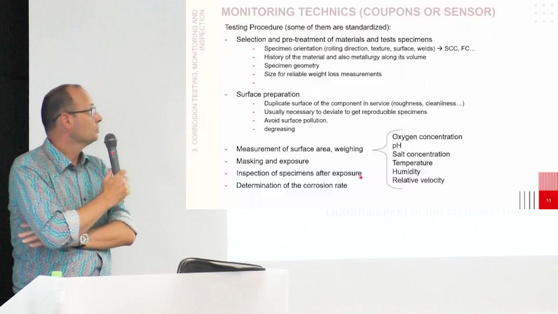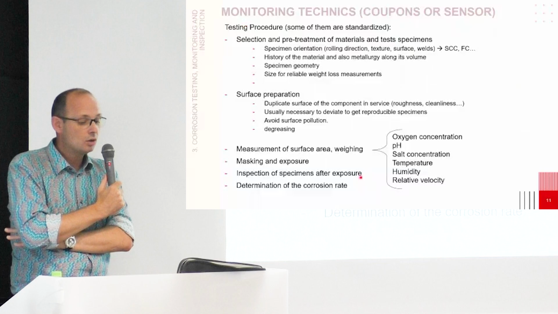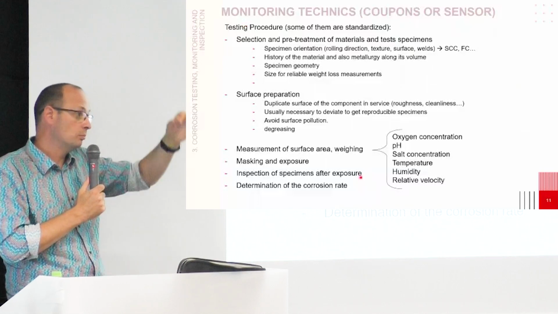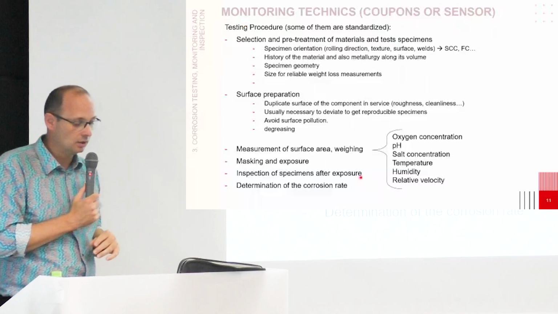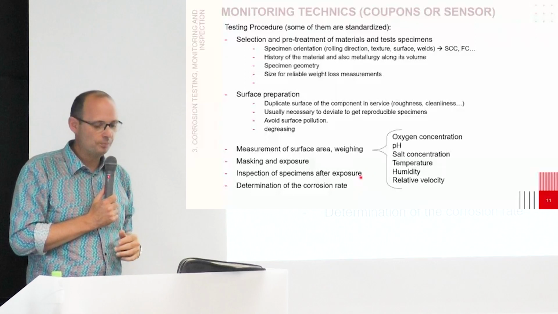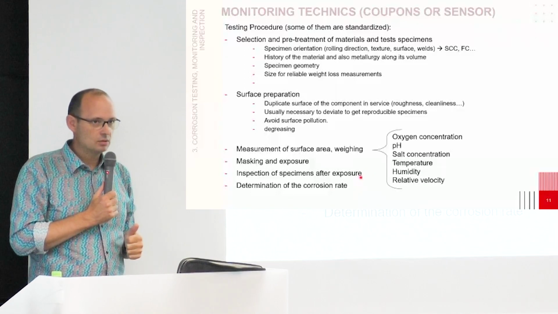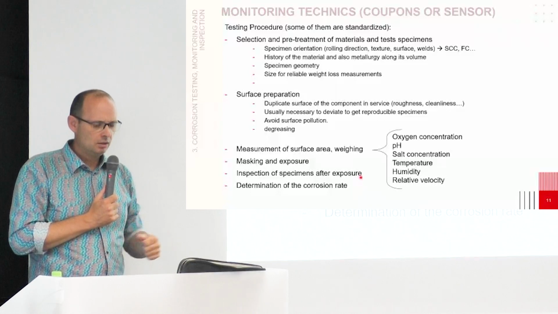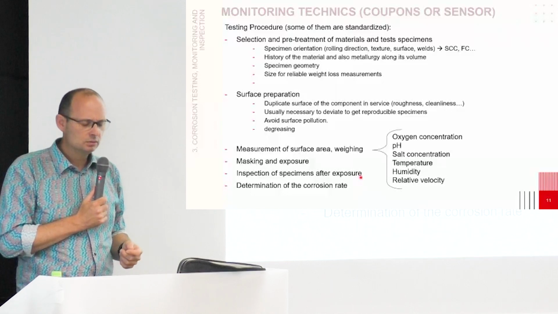So when we are using such kind of sensor, or coupons, because I can also put only pieces without being connected to another measurement equipment, I have a lot of procedures to follow. I have to select the materials and the test specimen. Do these materials have the same crystallographic orientation?